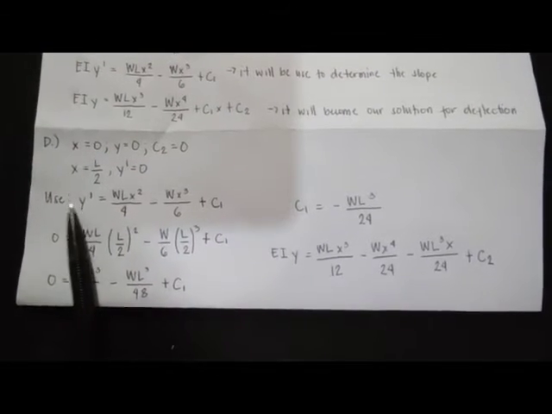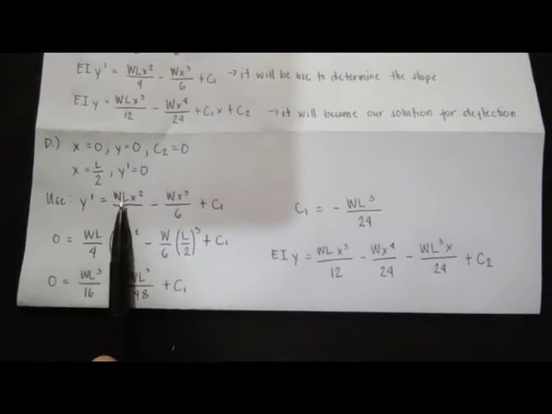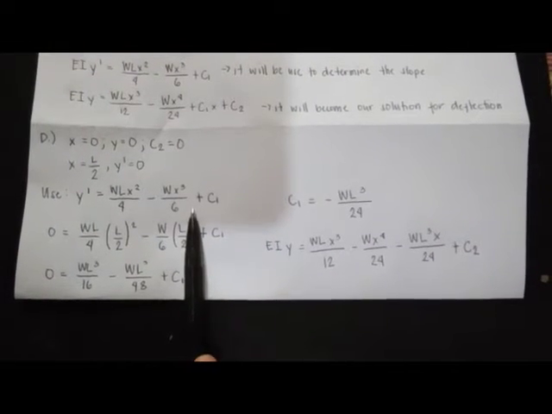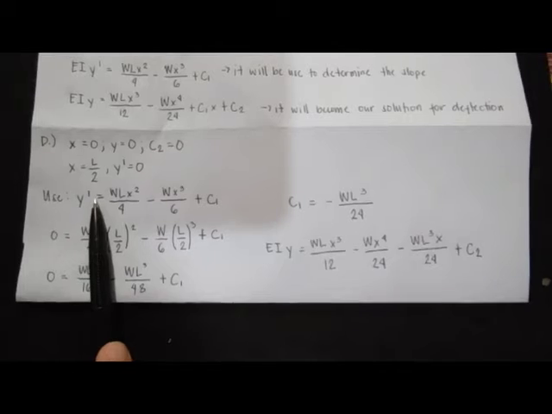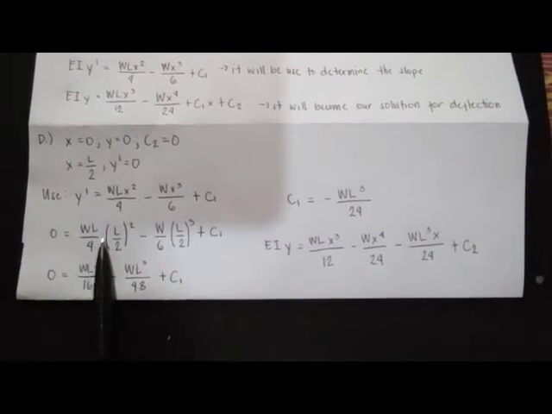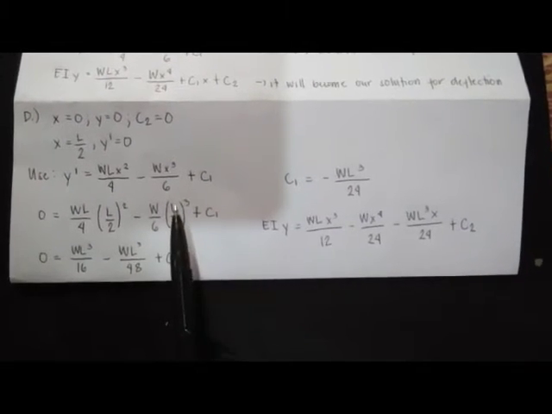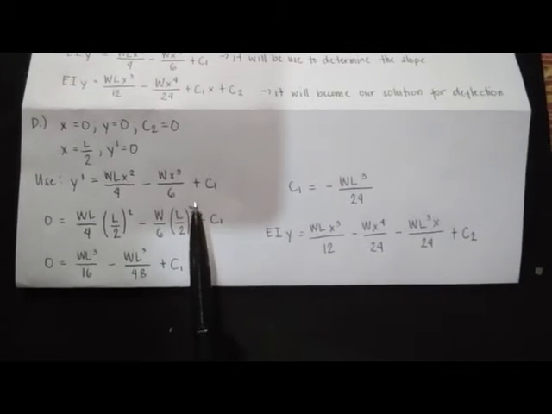So, we are going to use y prime is equals to WLX squared over 4 minus WX cubed over 6 plus C sub 1. So, sa-substitute natin yung y prime as 0 is equals to WL over 4. Sa-substitute natin yung x ng L over 2 raised to 2 minus W over 6 times L over 2 raised to 3 plus C sub 1.